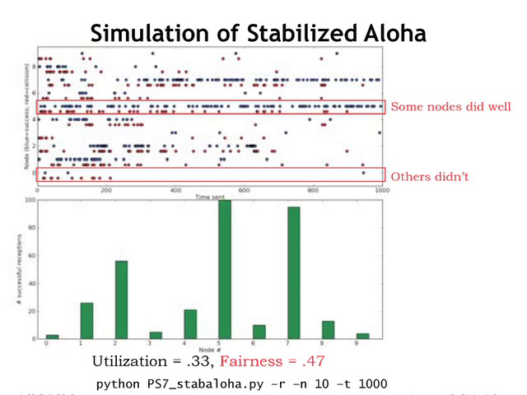So if I run this protocol exactly as I've described on this board here, and this is an experiment you'll be doing in the lab yourself, this is with 10 nodes. What you see is that you have a utilization of 0.33, which is not too far from the 1 over e utilization, which is remarkable.